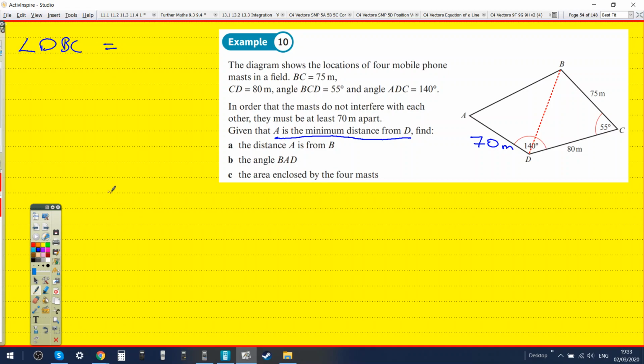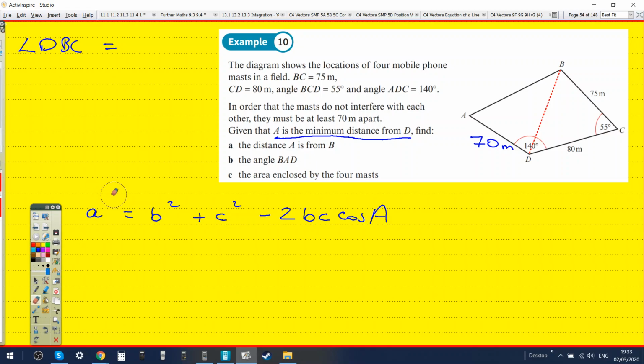That's for an unknown angle. So I have to rearrange it. Yeah. And then I have to square root that whole thing, don't I?